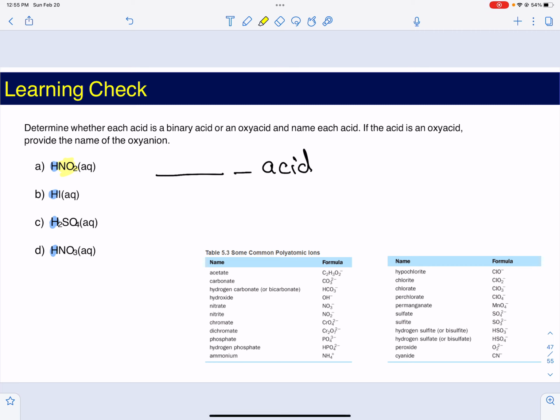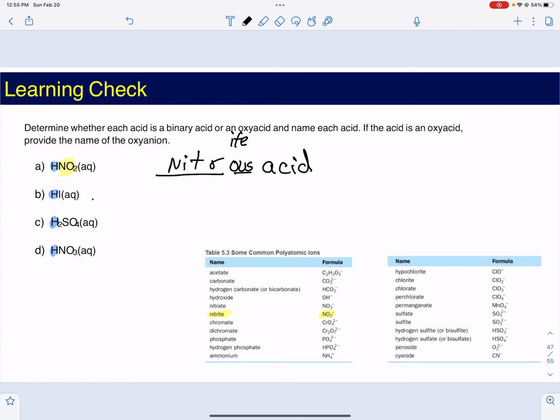And what do we call that ion? NO2, right there. So this one is going to be nitrite. So this one ends on ite, so I'm going to put ous in there. And it's nitrite, so nitrous acid.